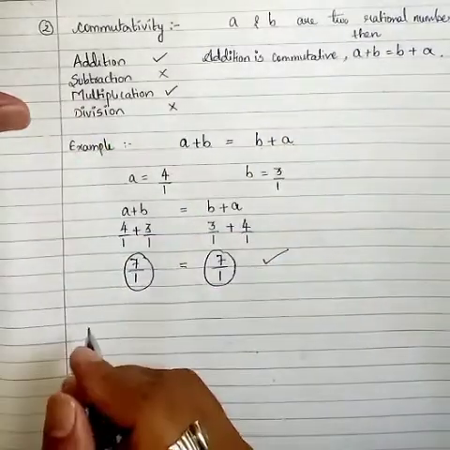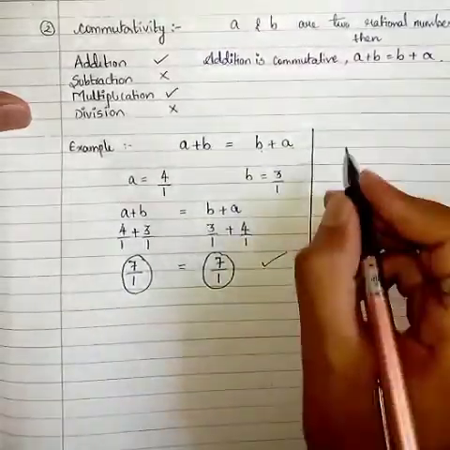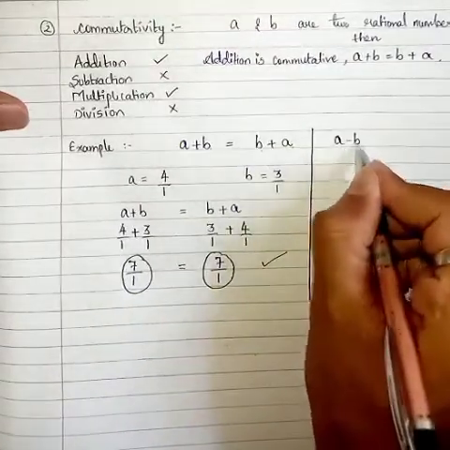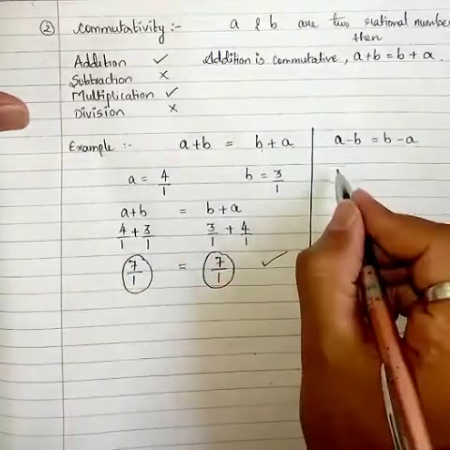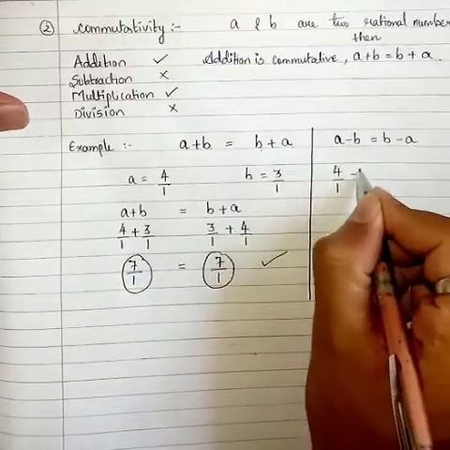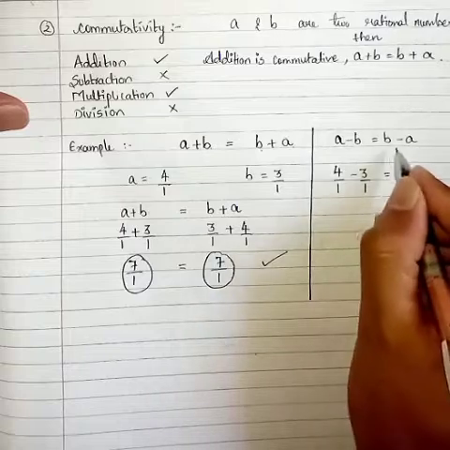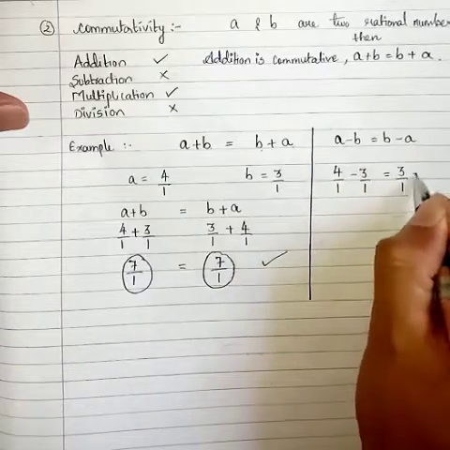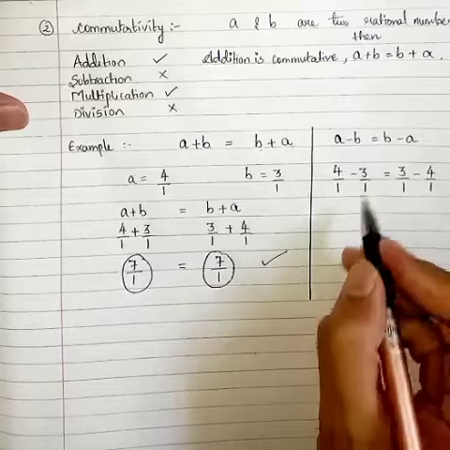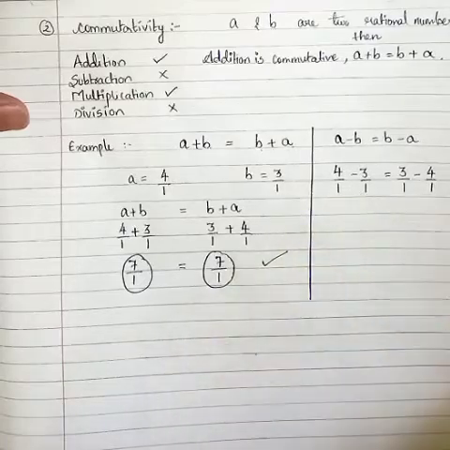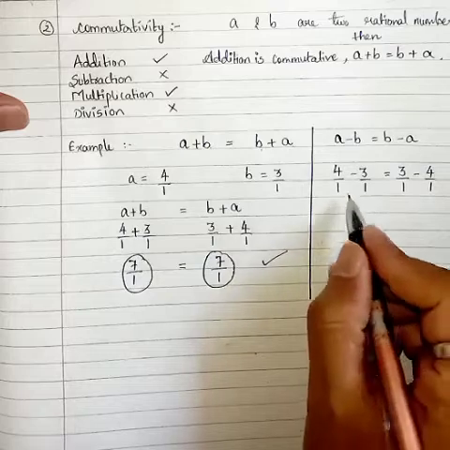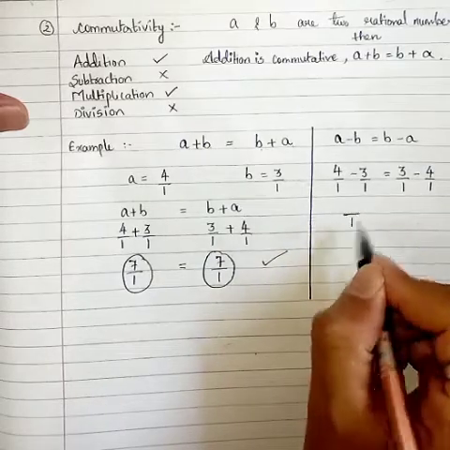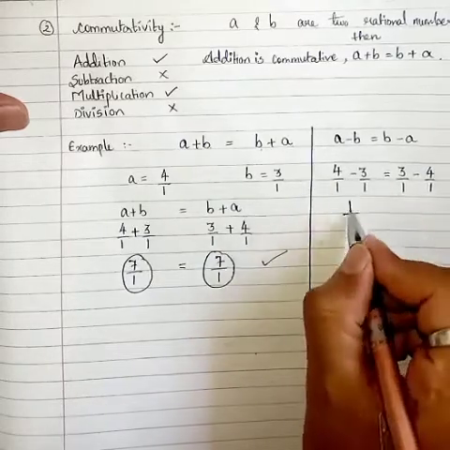Right? Now if I come to the subtraction part, I have to check whether A minus B is equal to B minus A or not. The same rational numbers I will take again, 4 by 1 minus 3 by 1, and here I need to check 3 by 1 minus 4 by 1. Since denominators are the same, I will not take the LCM. That is why I chose this example, right? So the denominator part will be 1 only. 4 minus 3 is 1.